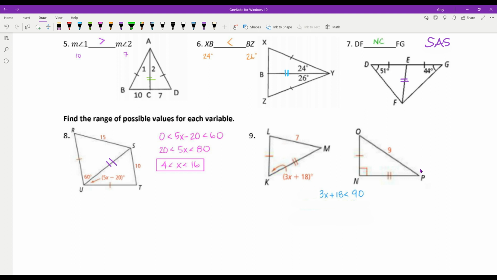And of course, as we just said, always has to be greater than 0. So I'm going to subtract 18 from each part and get negative 18 less than 3x less than 72. And then I'm going to divide by 3 and find out that x is between negative 6 and 24.